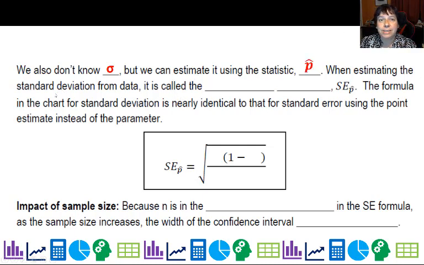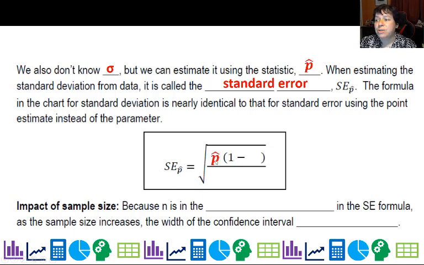And instead of calling it standard deviation, now it's called standard error. And that's SE with a little p hat on it. The formula in the math chart for standard deviation is pretty much the same thing. So you won't see a formula with this on it. You're probably going to see a sigma with a p hat. Go ahead and use that, but remember when we're dealing with a sample, it's a standard error, not standard deviation.